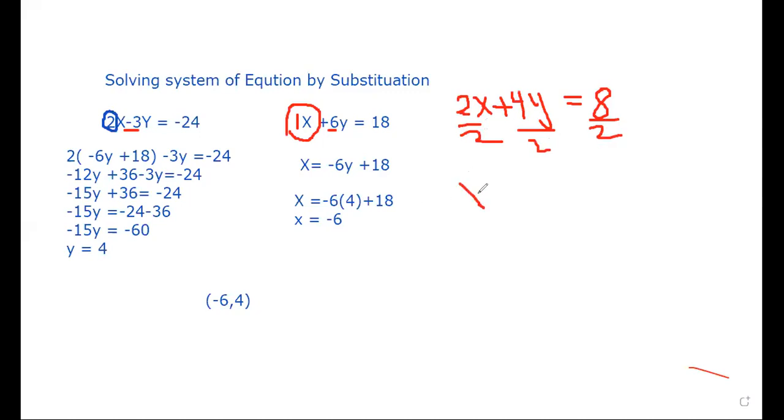Then you have x plus 2y equals 4. In this case, you found that the variable x equals 1, and then you will transfer, it will be negative 2y plus 4. So the first step, you will search. If you can find 1, it's okay.